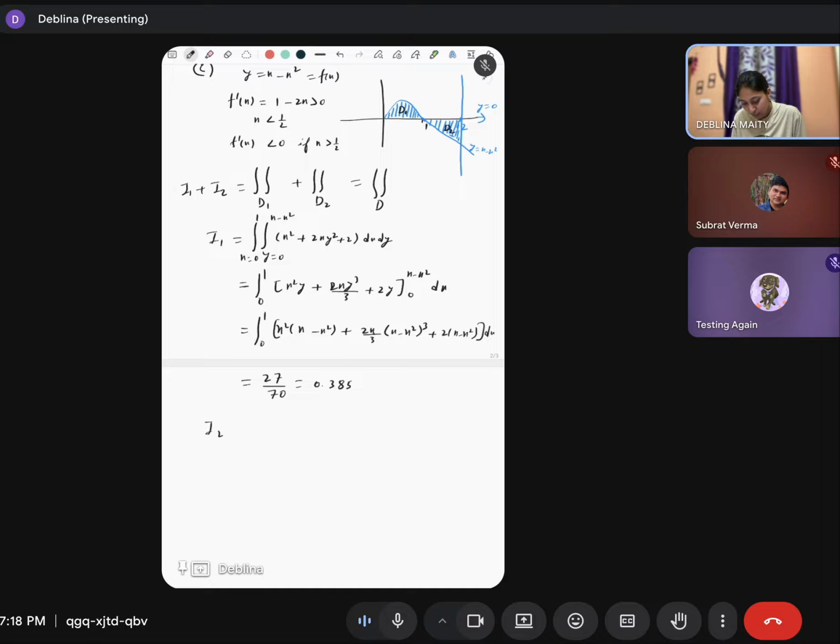And for I2 the limit is what? So for I2, x goes from 1 to 2, and here y runs from the curve to 0. So y runs from x minus x square to 0, right?